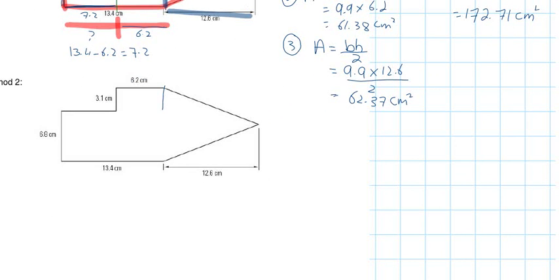Then we have the 3.1. So draw a horizontal line instead of a vertical line. Okay, so what shapes do you see here? There's 3 shapes again. So you have 1, 2, and 3. Okay, so that's another way that you can cut your shape. Okay, so take some time and solve that.